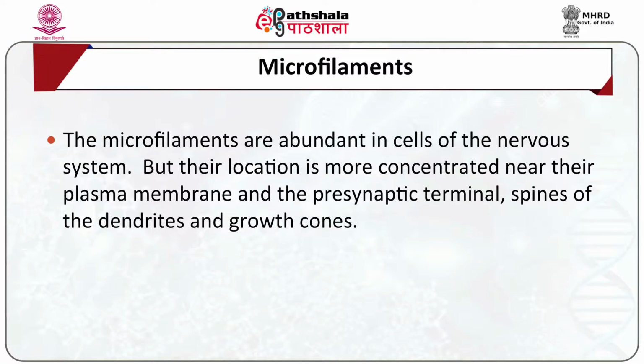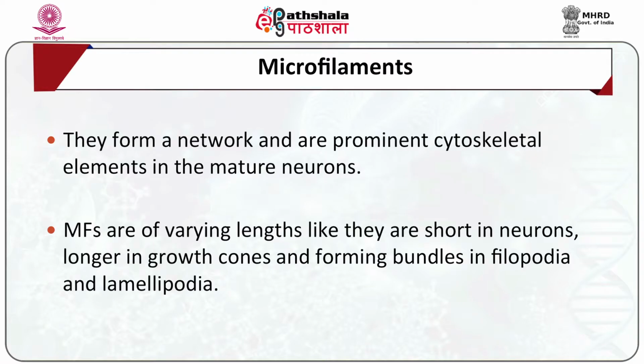The third element, that is the microfilaments, are also abundant in the nervous system, but their location is more concentrated near the plasma membrane and in the presynaptic terminals, in the spines of the dendrites and in the growth cones. They form networks and they are prominent cytoskeletal structures in the mature neurons.